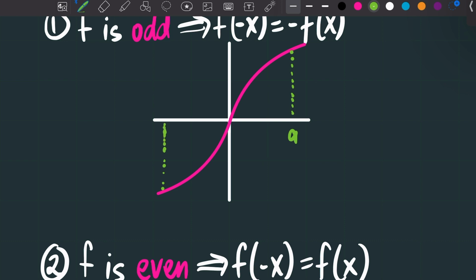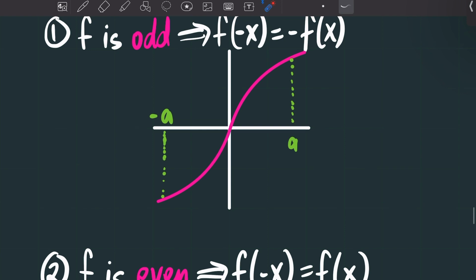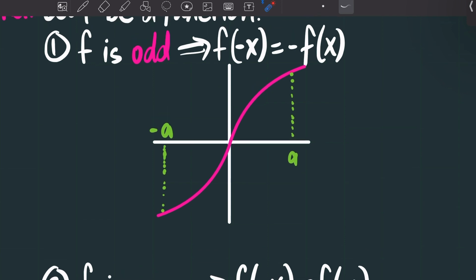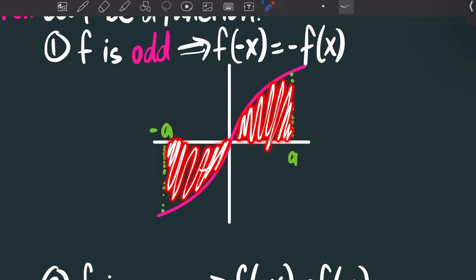This should be x equals negative a. So, sabi natin, no, symmetric yung function. So, tong portion na to ng graph and tong portion na to ng graph should be the same. So, kung ano yung area na to, yun din dapat tong area na to.